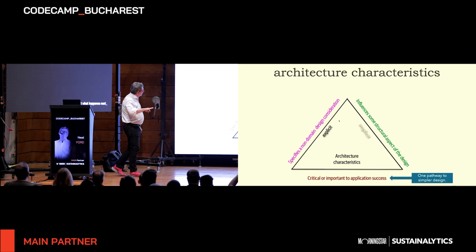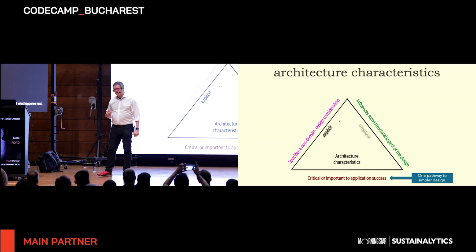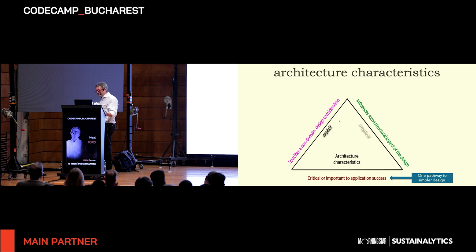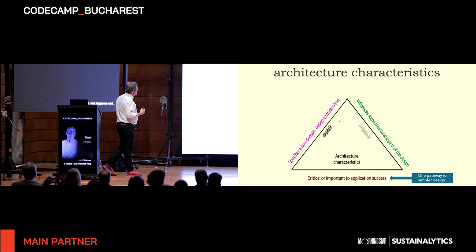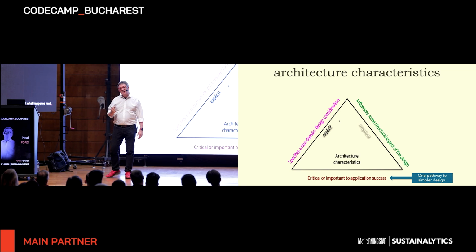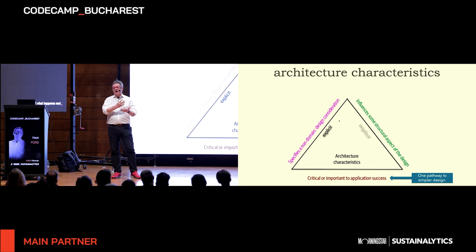We also sort of overlaid this with explicit and implicit architecture characteristics. Explicit ones are, as it says on the label, things that are explicitly called for, like a certain performance or expected number of users, etc. But architects also make a lot of decisions based on implicit knowledge. Security is a great example of one of these. Even if it's not called out explicitly, you know you should not create an insecure system as you design it.